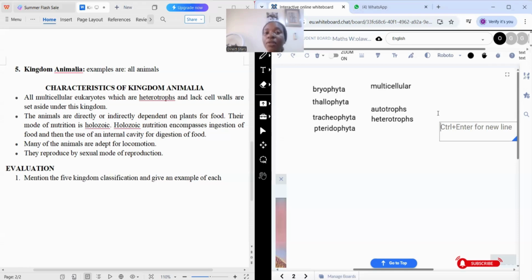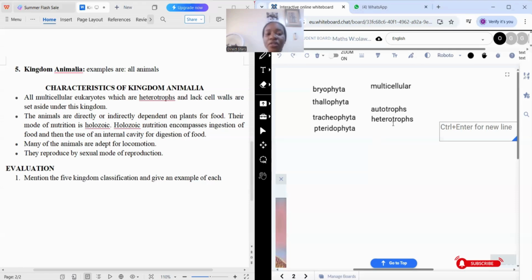So our cell lacks a cell wall, in contrast to the plant cell that has a rigid cell wall. So this is one of the characteristics. Another characteristic is that animals are directly or indirectly dependent on plants for food, like I made mention of earlier in the case of heterotrophs.